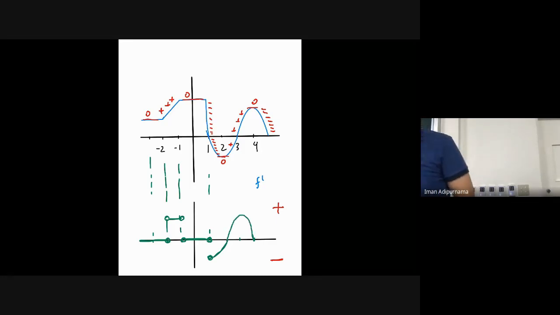And it's still going down. Also, you can check the right side of the graph: at x equal 3, you see here it's 0, right?